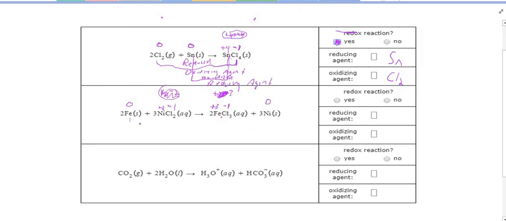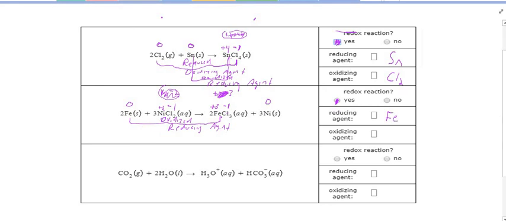Iron goes from a 0 to a +3. It is being oxidized, and therefore by definition it is the reducing agent. So yes, this is redox. The reducing agent is Fe.